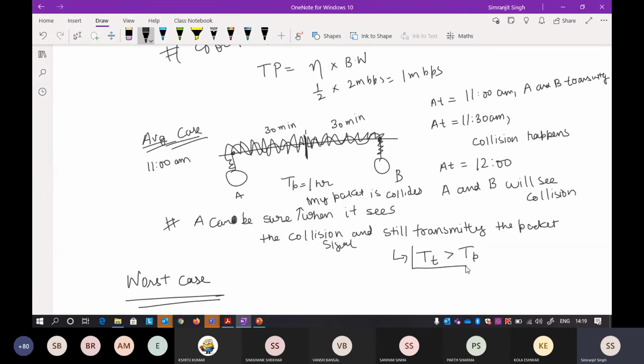So for this, I should ensure that my TT is greater than TP. How much greater, I will show you in the worst case and give you the formula there.